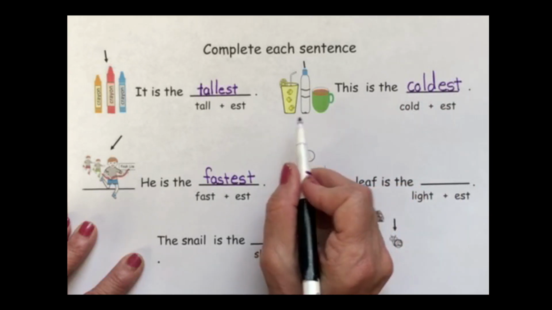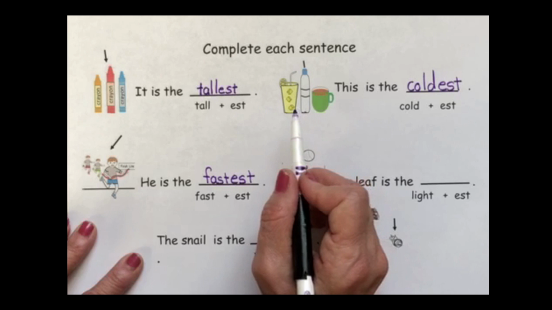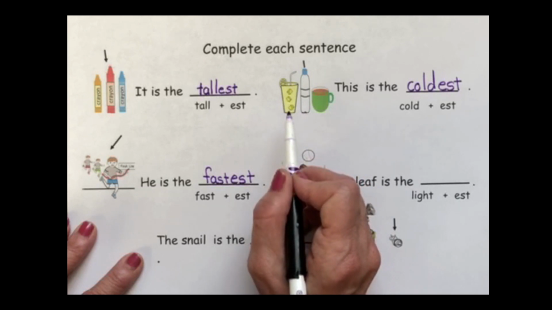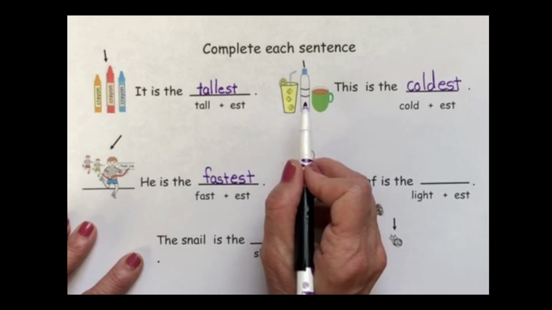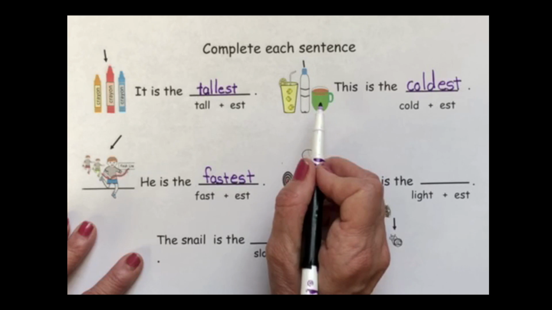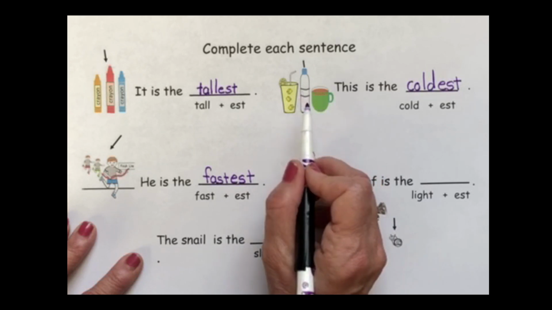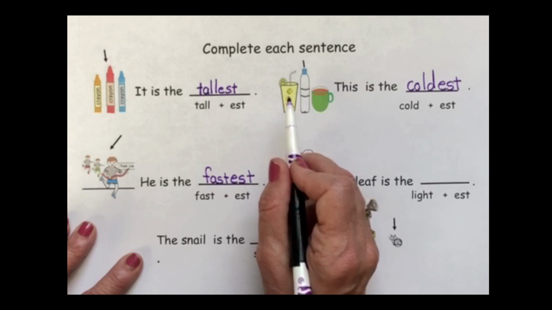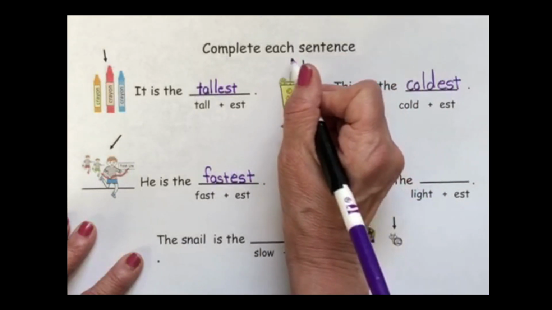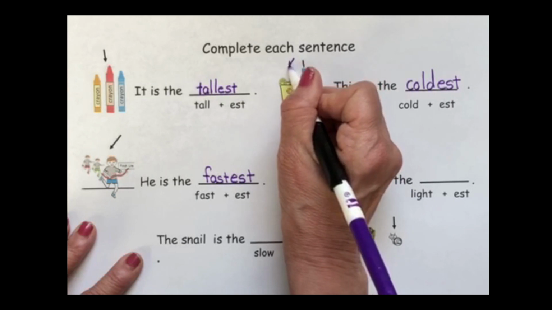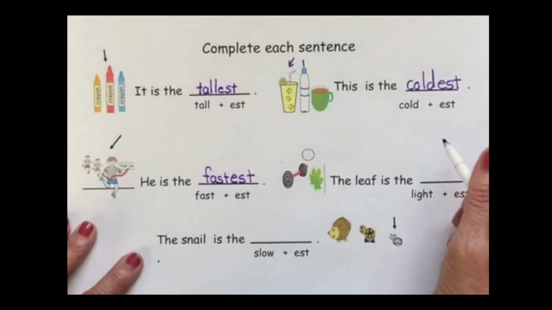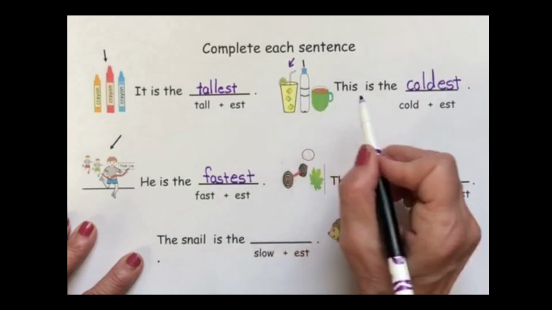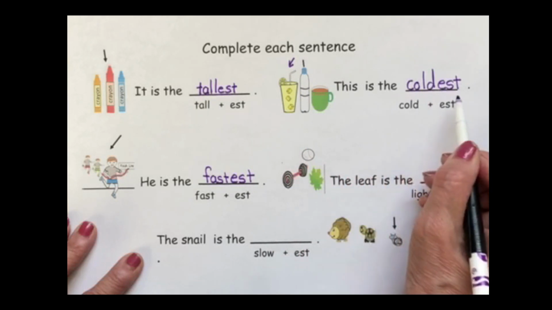And we have 3 things to compare. We have the lemonade with ice, a bottle of water, and our hot chocolate. This one was room temperature, so this one is the coldest. And let's just fix our arrow to go there. Okay, this is the coldest.